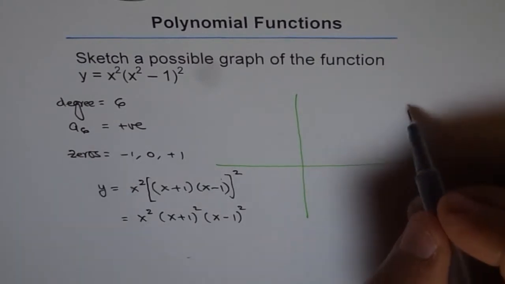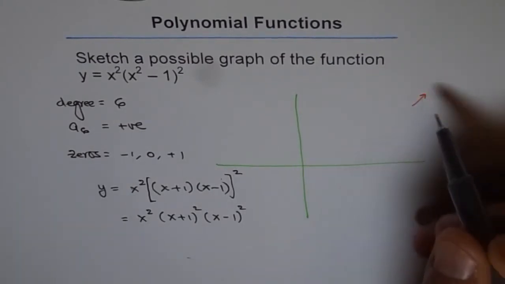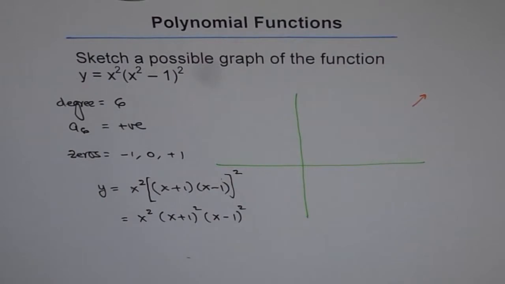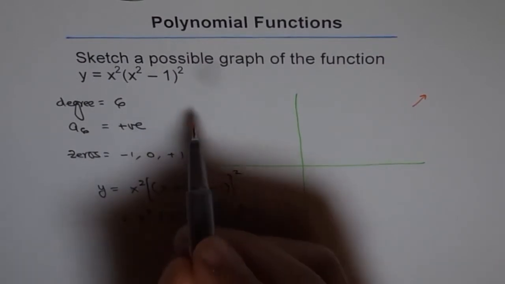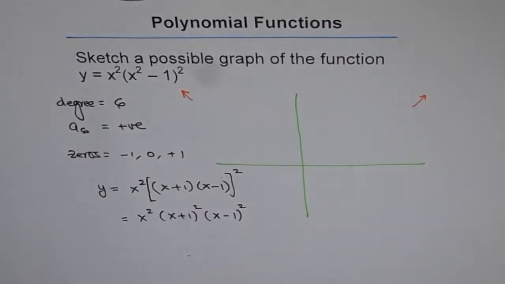A positive leading coefficient means right side up. Degree 6 means even degree, and even means both ends go the same side. Secondly, you will also notice that this is an even function, so it will have even symmetry also. Remember that when you are sketching your graph.